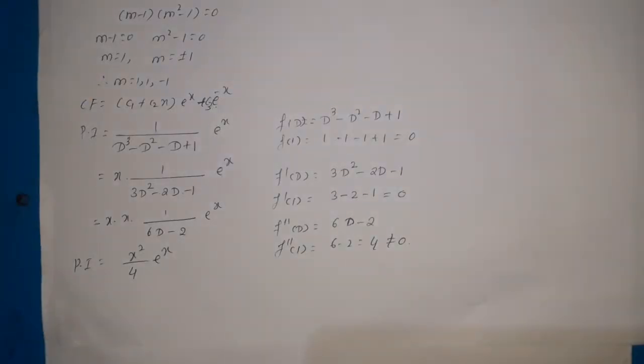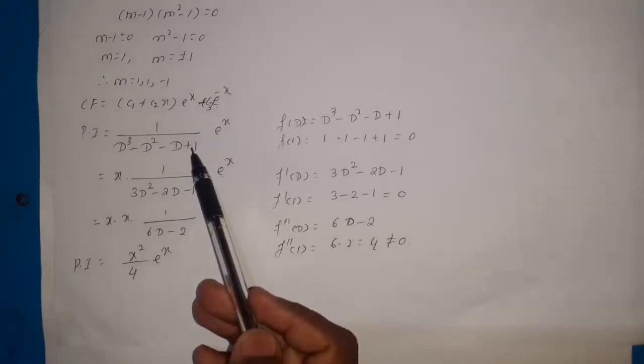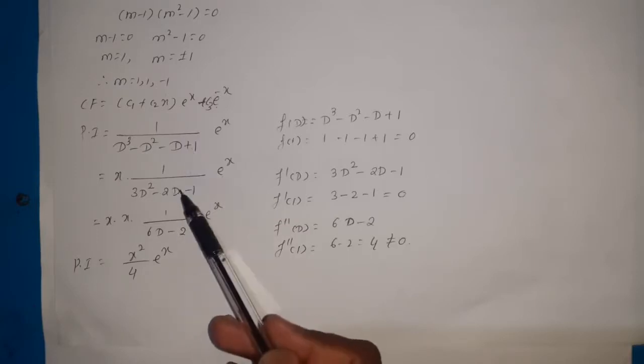So here we have applied the case of failure twice in this problem, because for the first one f of D becomes 0 at D equal to 1, and in the next step f dash of D again is equal to 0 at D equal to 1.